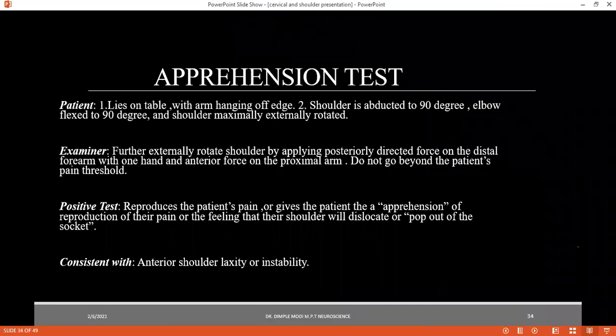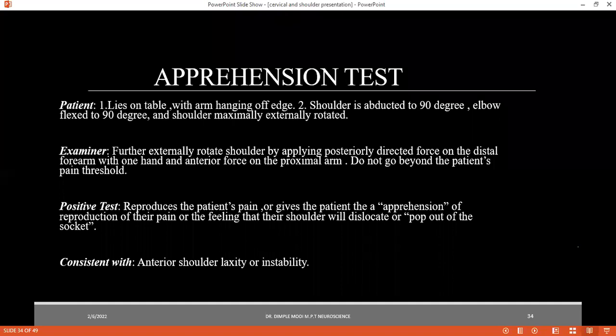Then the apprehension test. In this, make the patient lie on the table, on the couch, with the arm hanging out and the shoulder abducted to 90° and elbow flexed to 90°, like this position. The shoulder will go into maximum external rotation when you apply the posterior directed force on the distal forearm.